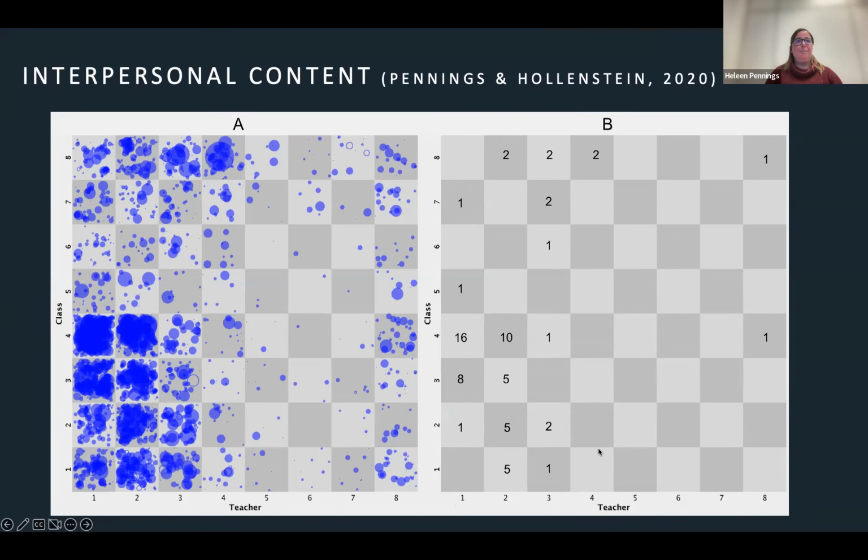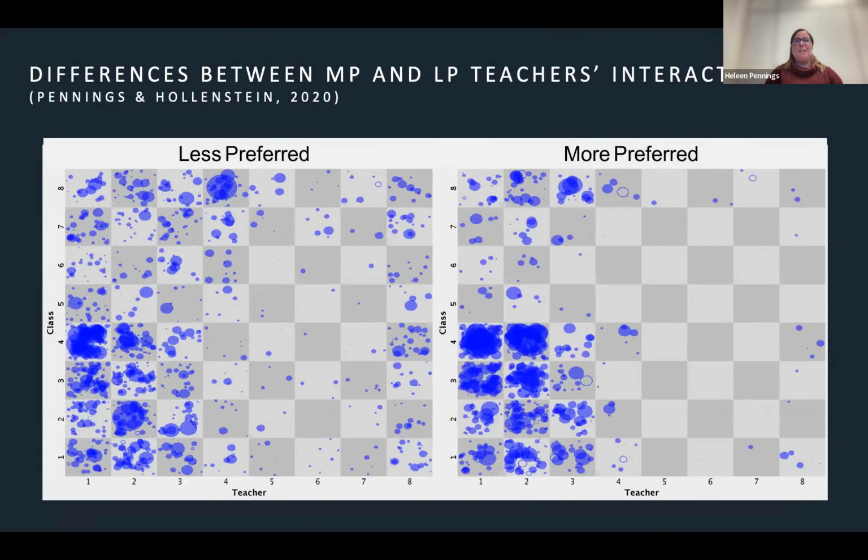Then we have this difference between most preferred and least preferred teacher interactions, and we see that in the most preferred, a lot of behavior is located here, and we see a similar tendency, of course, in the less preferred interactions, because most teachers who are struggling or dissatisfied still have good interactions with the students throughout the lesson.